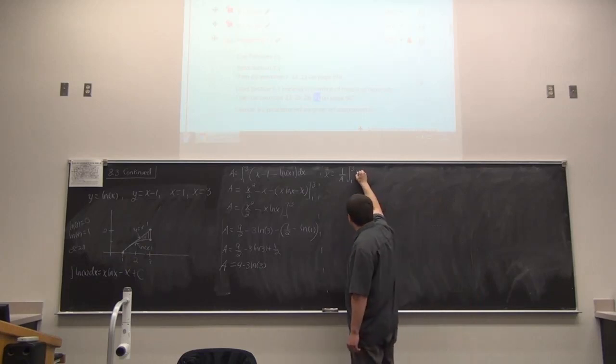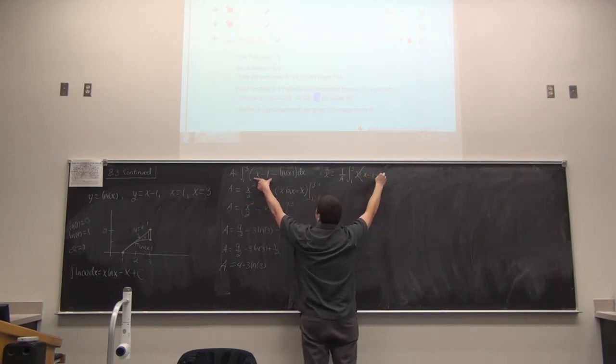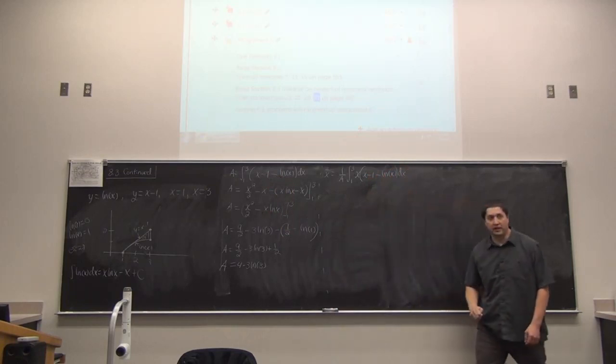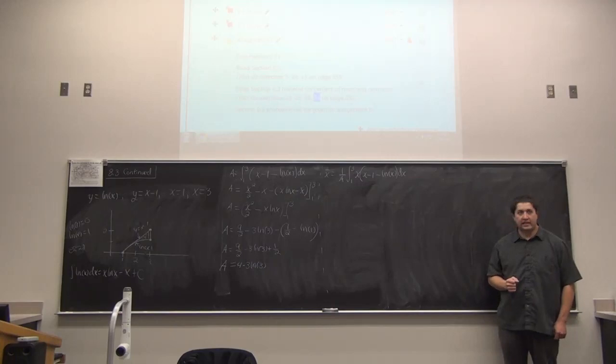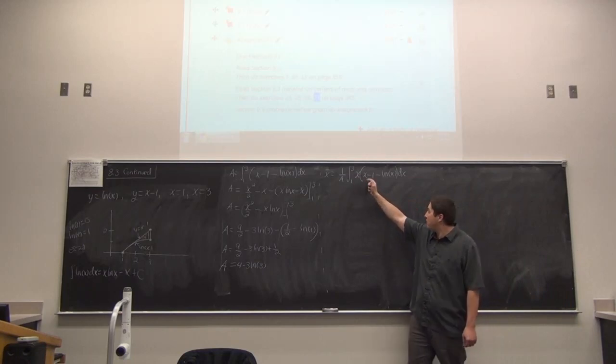But for the x-coordinate of the centroid, we take x multiplying this thing, x minus 1, minus the natural log of x. So that's the integral that we must solve. Sadly, we cannot use the work from before because before we find antiderivatives, we need to distribute x into the entire problem.